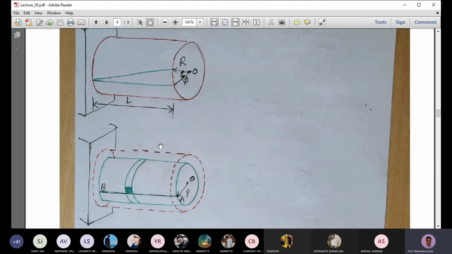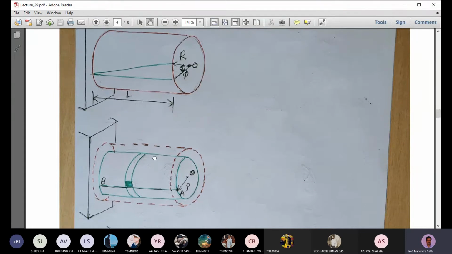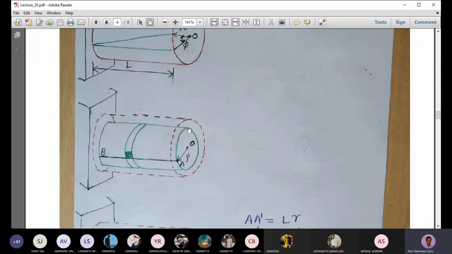Okay, so what we will do is look at a small interior cylinder of radius rho and length L. So this is the interior cylinder. It has radius rho and total length is L, and we are looking at a line on the outer surface of that cylinder.